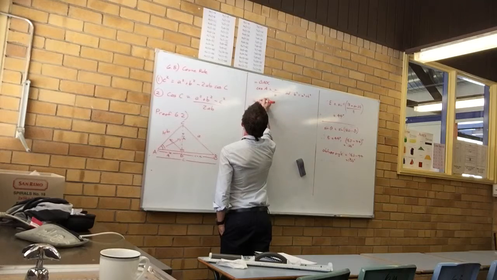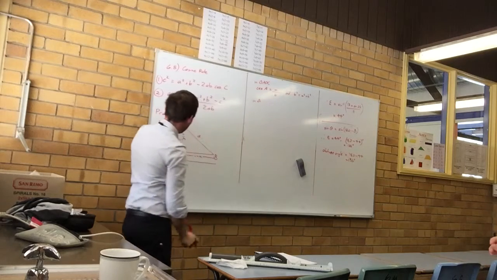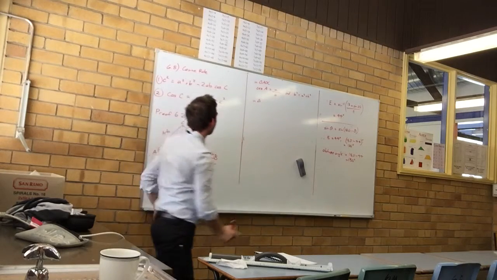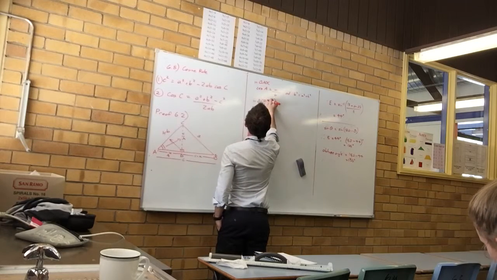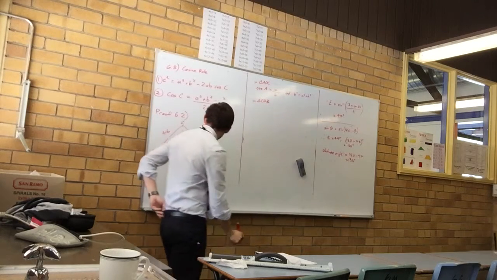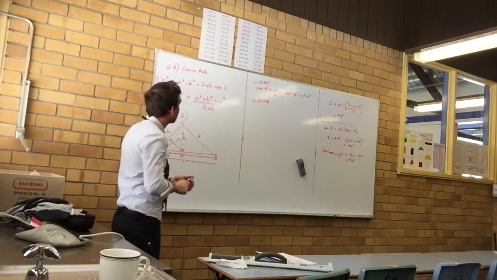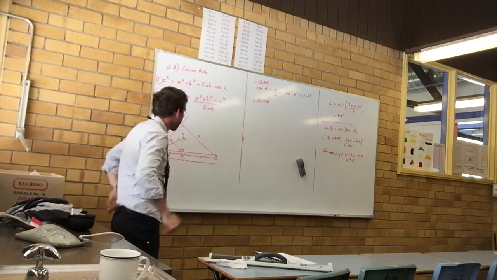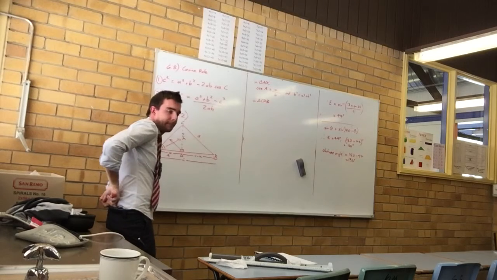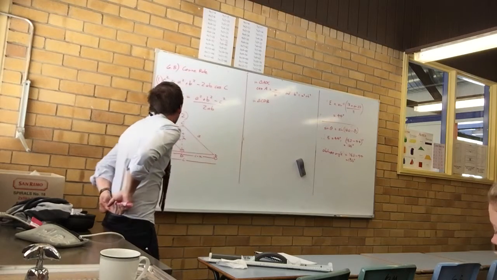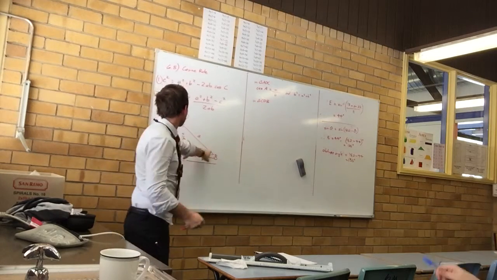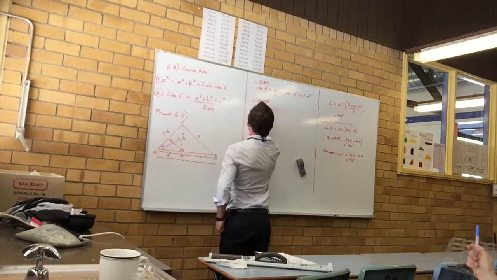Right. Now we've got the right triangle CDB. So again, I want to write down cos of capital B. So we're going to reference this angle down here.